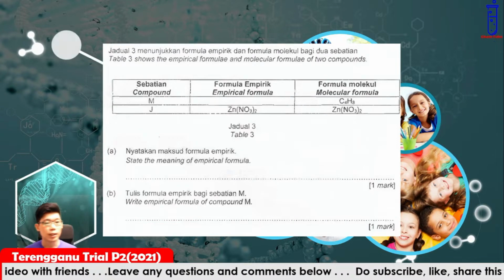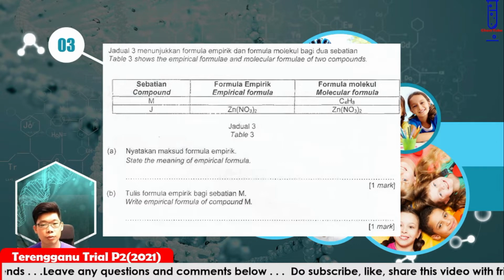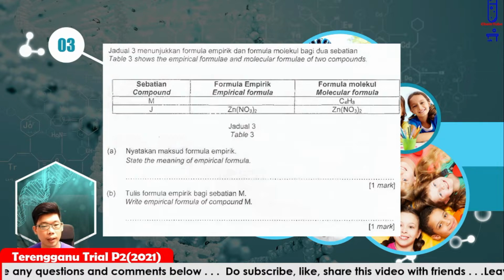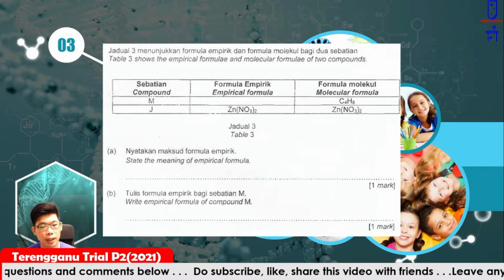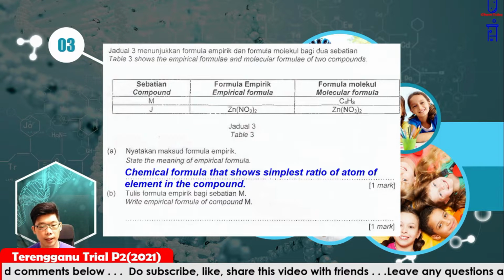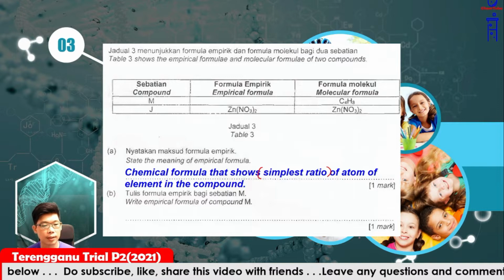Now question number 3. The table shows the empirical formula and molecular formula of two compounds. State the meaning of empirical formula. The empirical formula is the simplest ratio of atoms for each element in the compound.